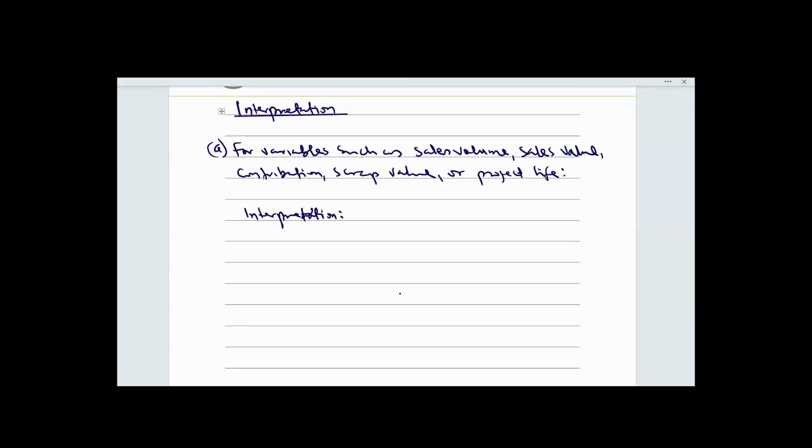After you have calculated your sensitivity margin using any of those formulas we've demonstrated before, your interpretation should be that the variable should not reduce or fall below the percentage attained.